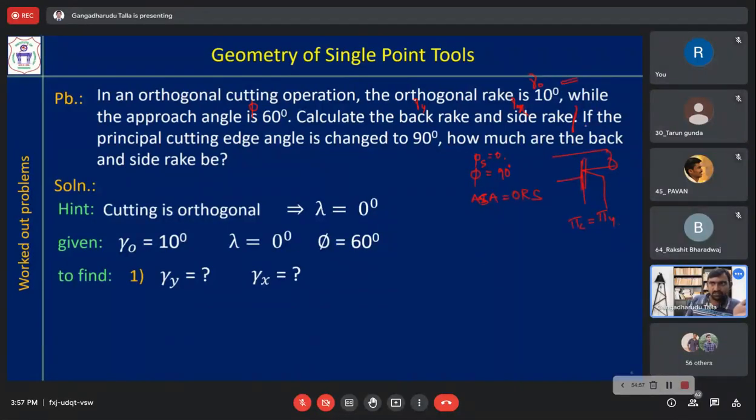Now, if the principal cutting edge angle is changed to 90, in the first case it is 60. In the second case, gamma O has no change, 10 degree, lambda equal to 0, no change. Phi is 90 degree. Now you find out gamma y, gamma x. It will become 10 degree only. But anyhow, you have to calculate and see.